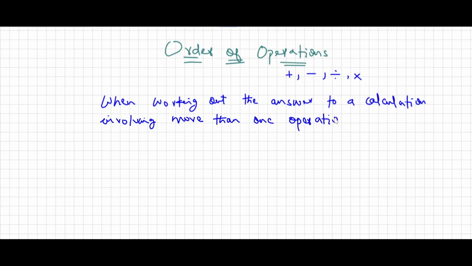So if there is more than one operation, what should we do now? What should we do first? Multiplication, addition, or division? What should be now?